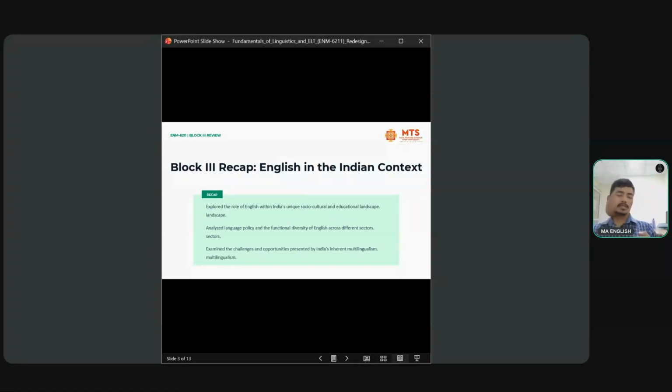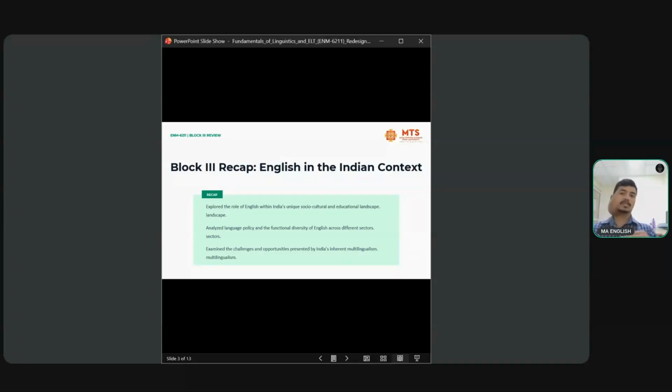So we saw how English functions very differently in different sectors. For example, the way English is used in science and technology is very different from how it is used in a rural school, especially in Tripura, so that you're familiar with the places.